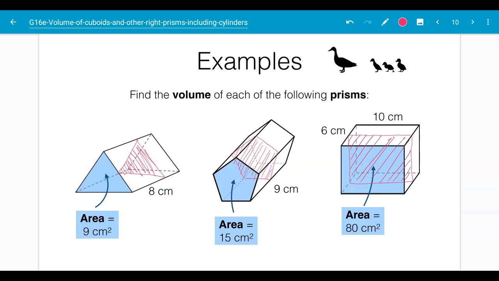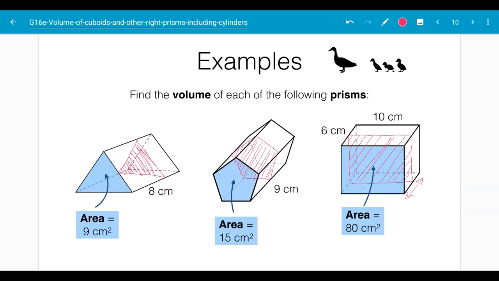You can almost imagine the 2D shape moving back and forward throughout the 3D shape, and it stays in the same orientation.